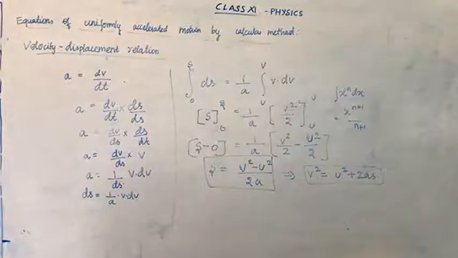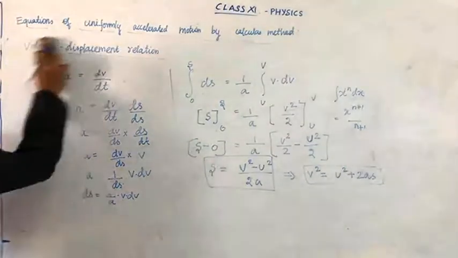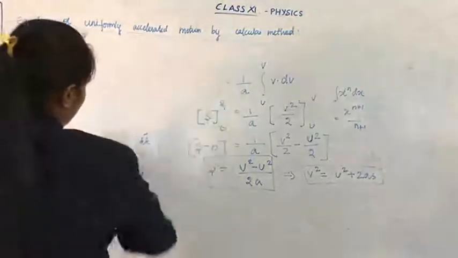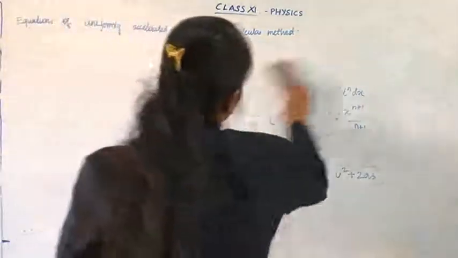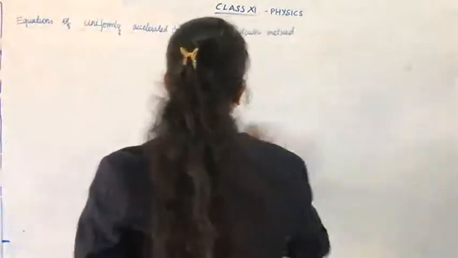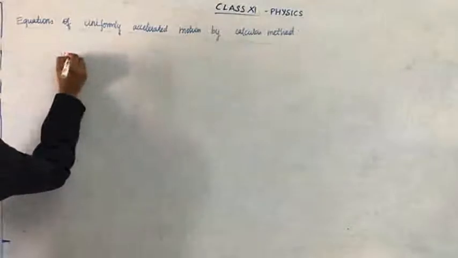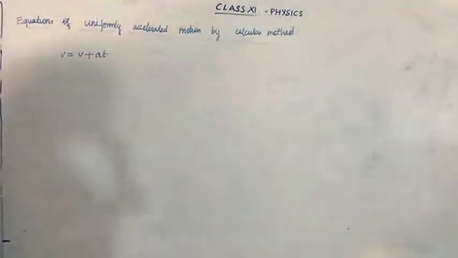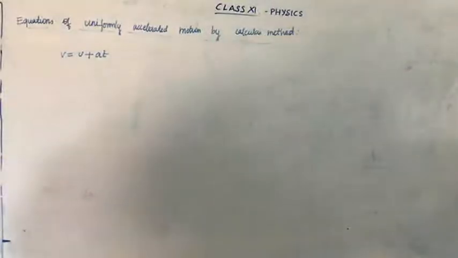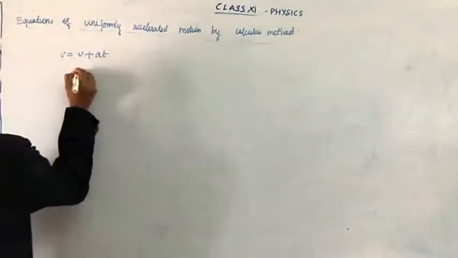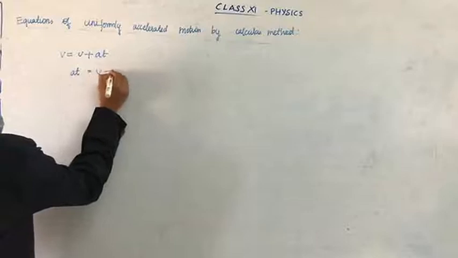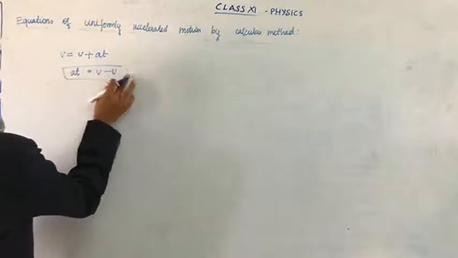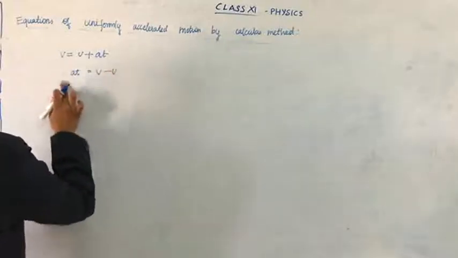Now you take the first equation, v equal to u plus at. Now at equal to what? At equal to v minus u.